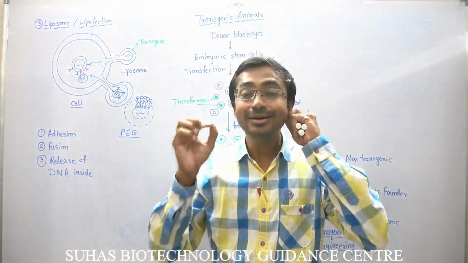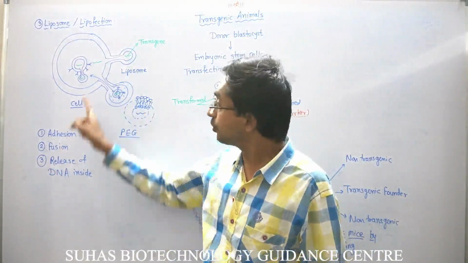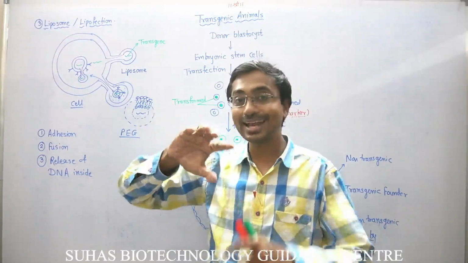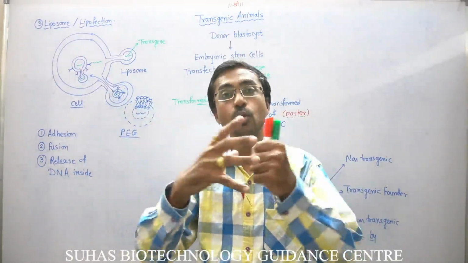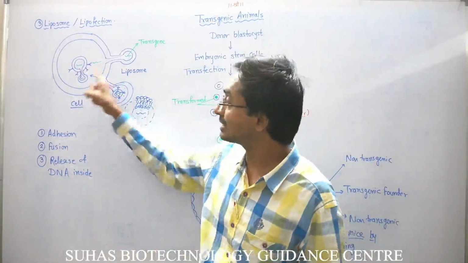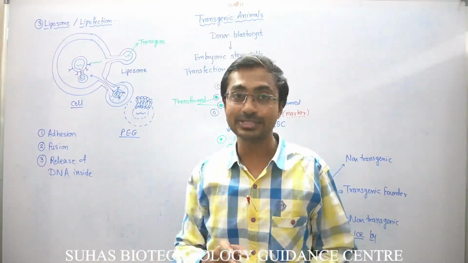To make a directional approach towards the nucleus, we need to introduce certain ligands so that exactly the receptors of those ligands will be present in the nucleus and they will go and fuse, and the chances of this inner liposome fusing with the nucleus will be more.